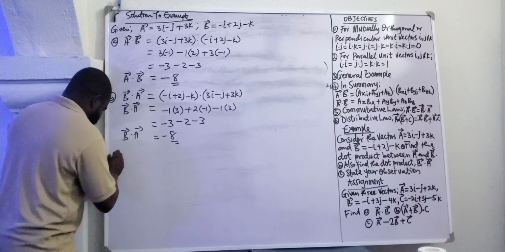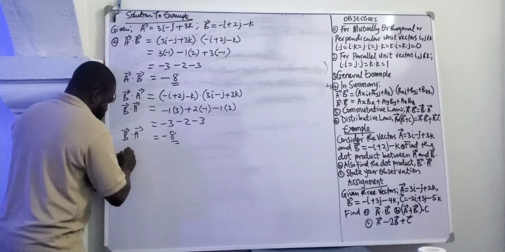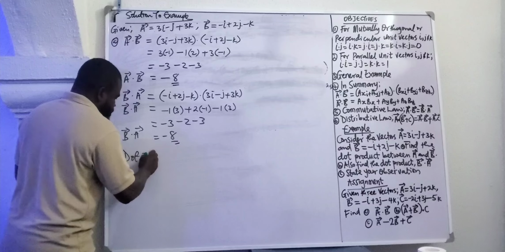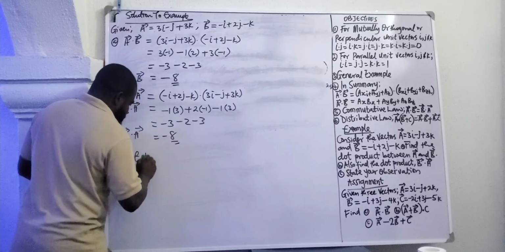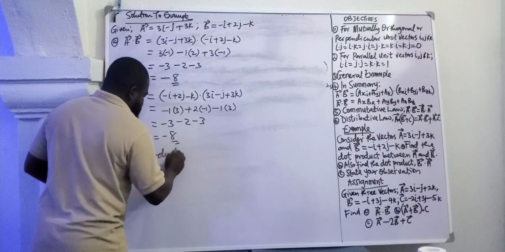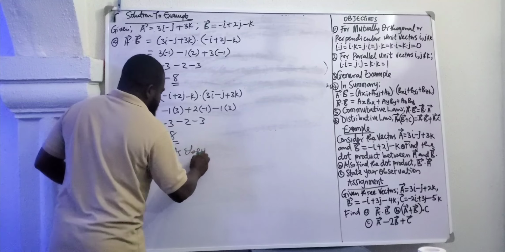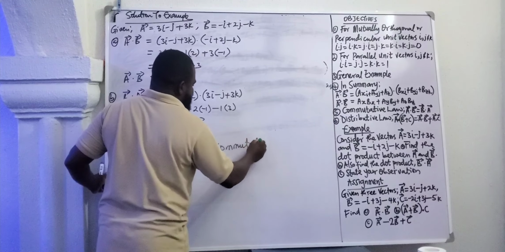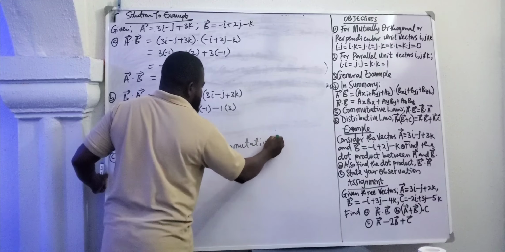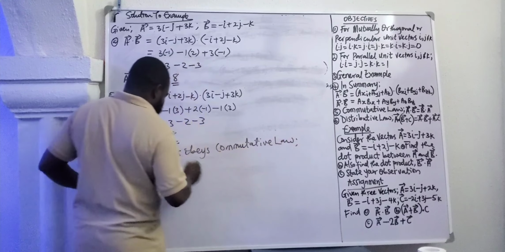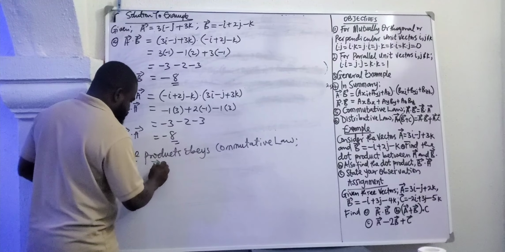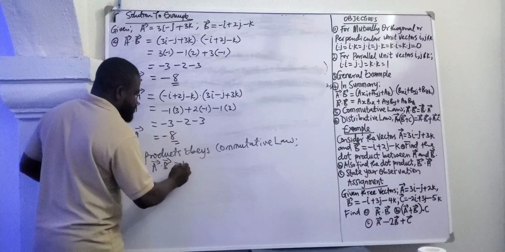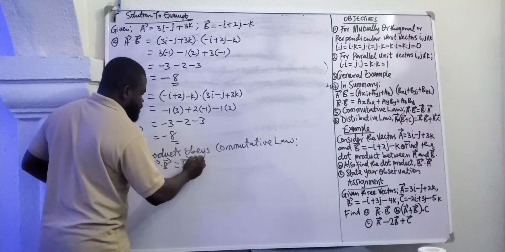B dot A. See, dot product obeys commutative law. That is A dot B equals B dot A.